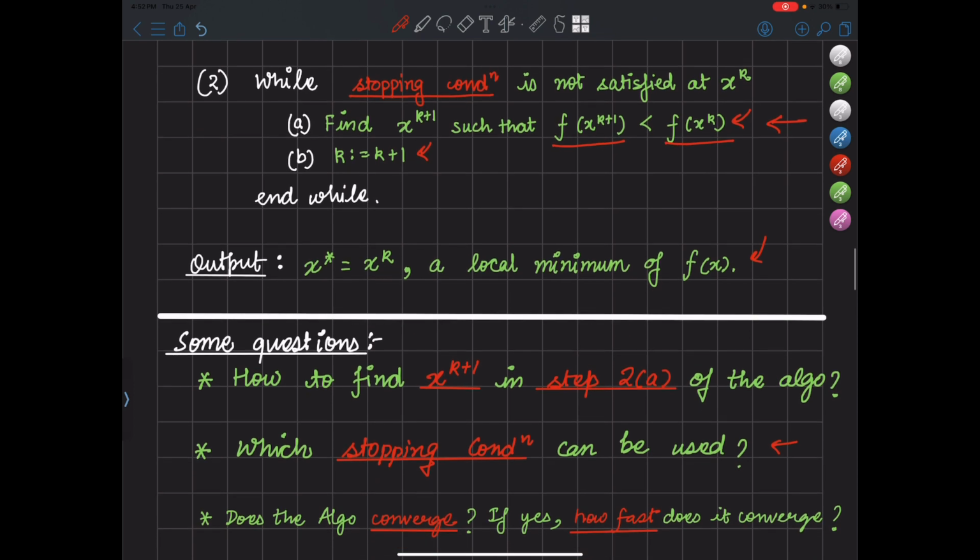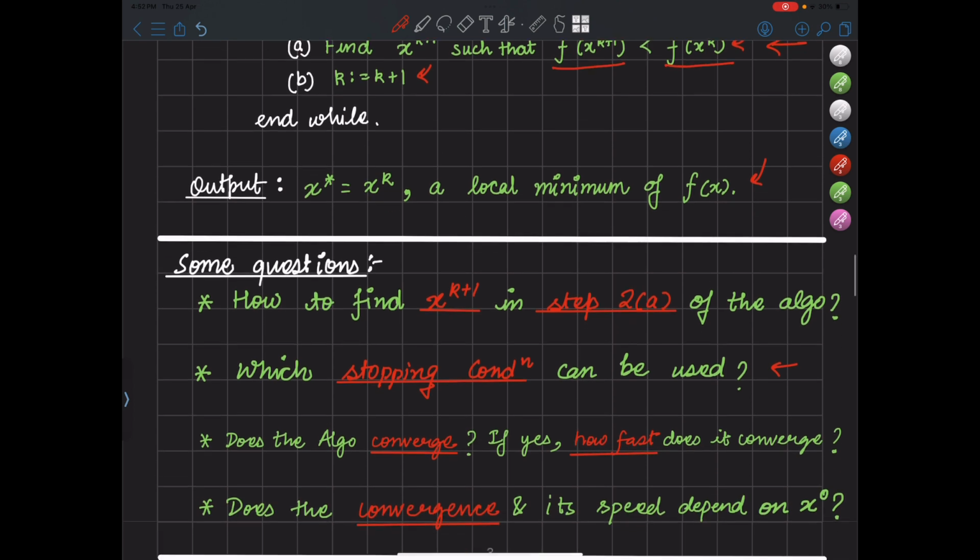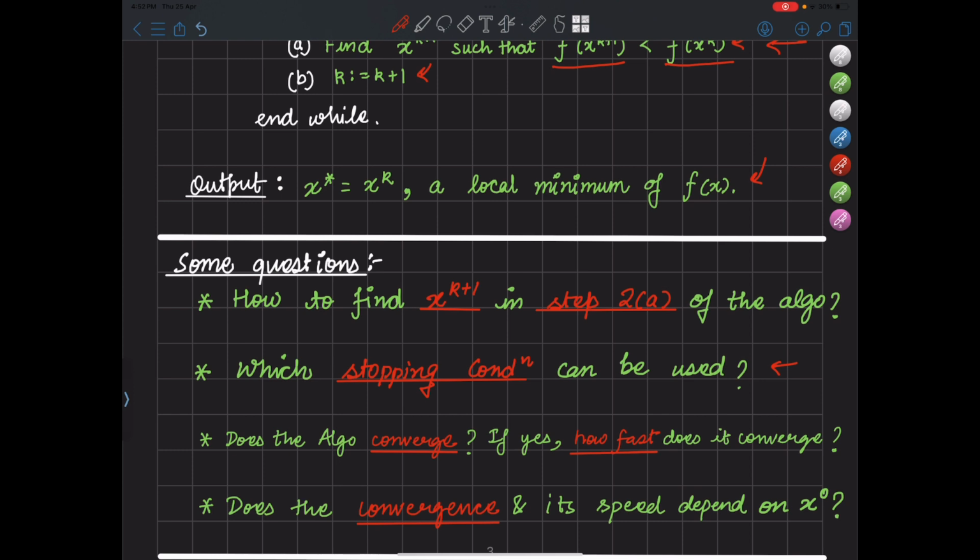The third question is, does the algorithm converge? And if yes, how fast does it converge? So we are asking about the convergence and the rate of convergence of the algorithm. And if the algorithm converges, does its speed depend upon the initial condition, the initial value that we take of the variables?